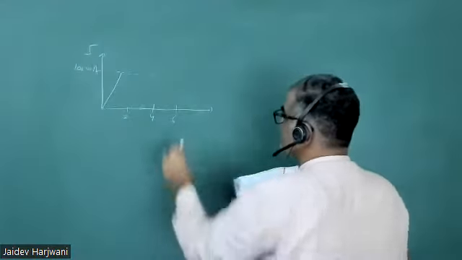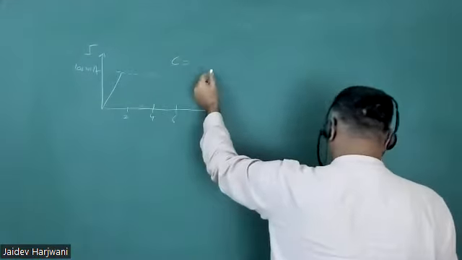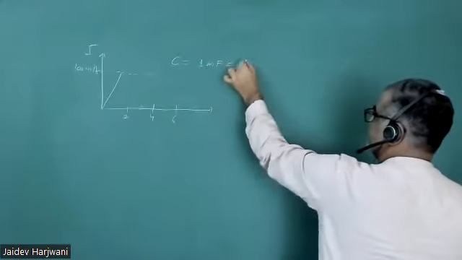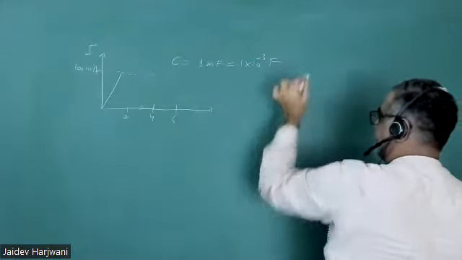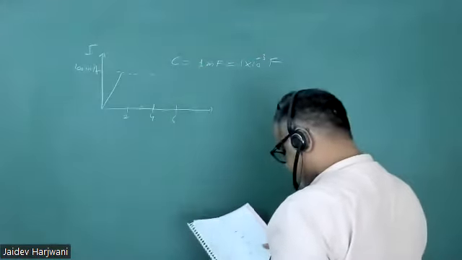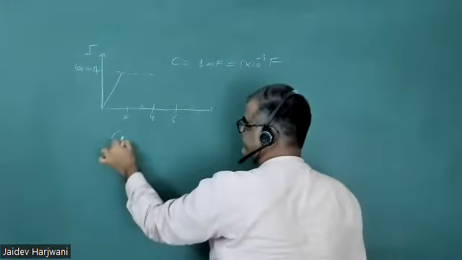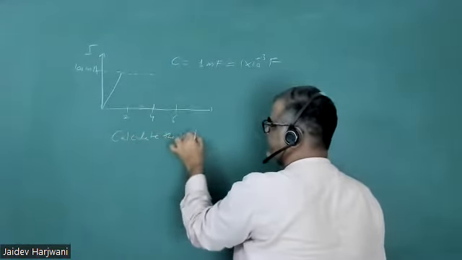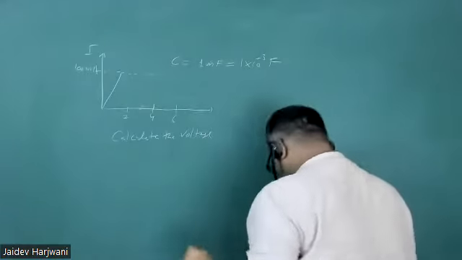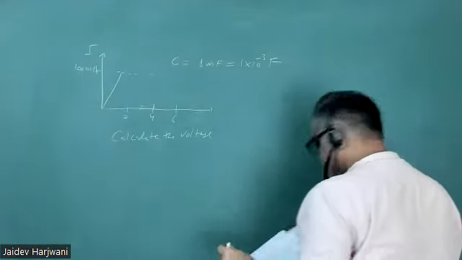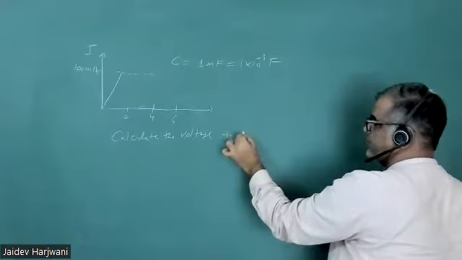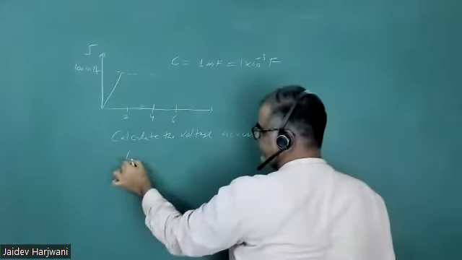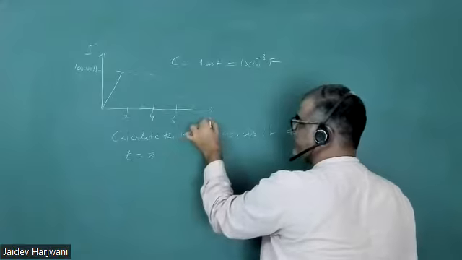The capacitance value given is a capacitor of 1 millifarad, that is 1 × 10⁻³ farad. It asks us to calculate the voltage across the capacitor at t equal to, where this time is in millisecond.